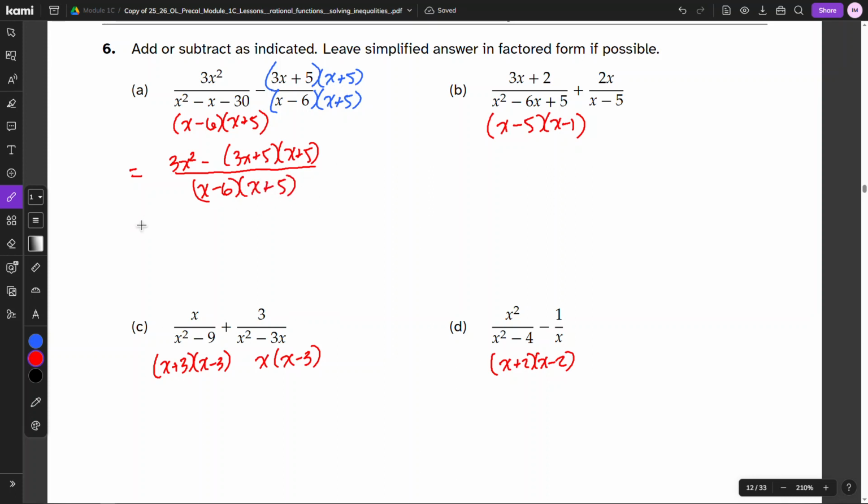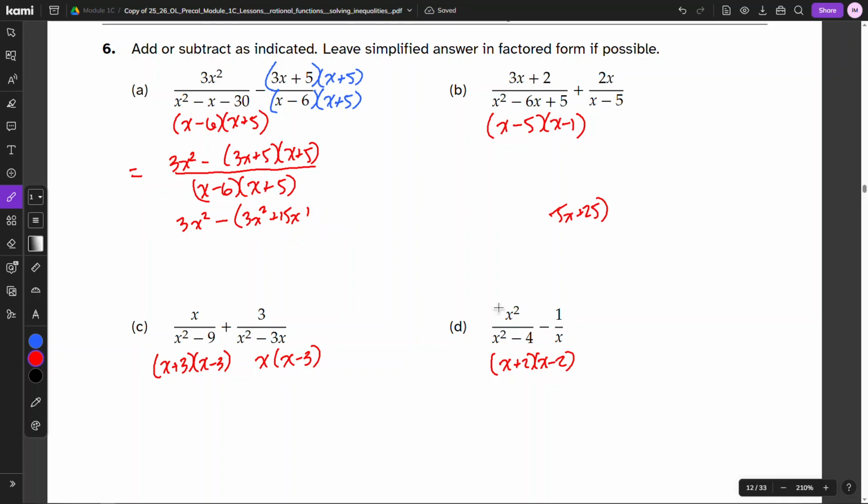I'll multiply the numerator out: 3x squared, and minus, so 3x times x, 3x squared, 3x times 5, 15x, 5x, plus 25, all over the denominator.